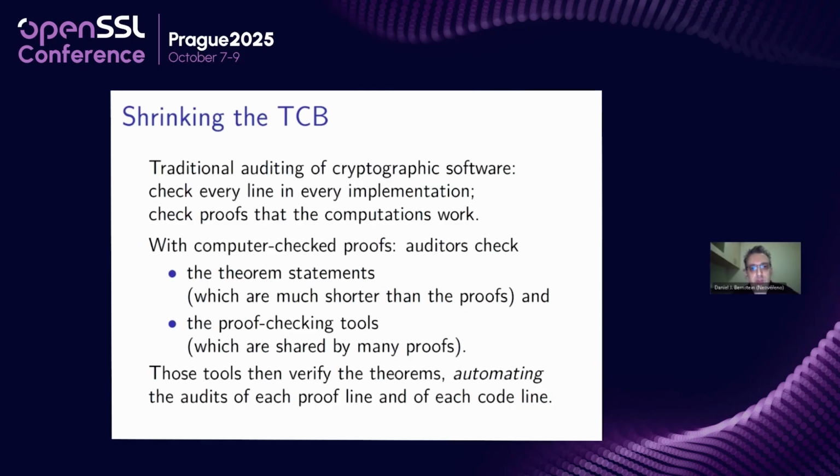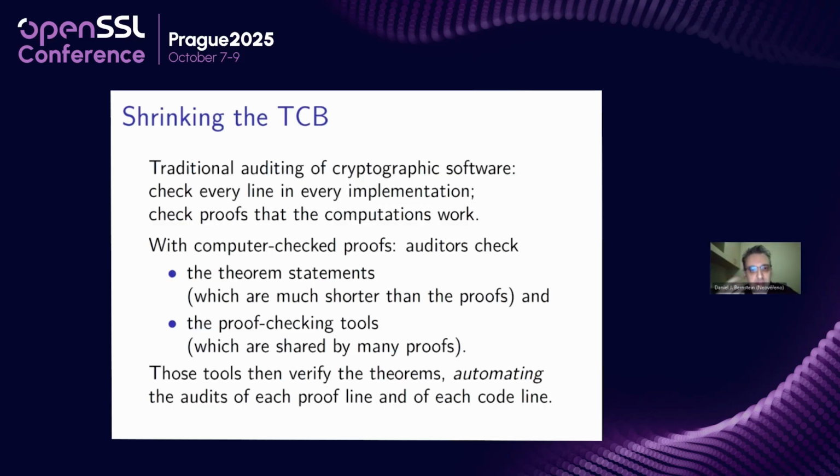If you instead have a computer-checked proof of the software, then you're automating that process. The computer is going through every line of the proof and making sure that your theorems are actually proven. That reduces the auditing task and reduces the trusted computing base. At this point, your trusted computing base is just the theorem statement: here is the small statement of what this function is supposedly computing.